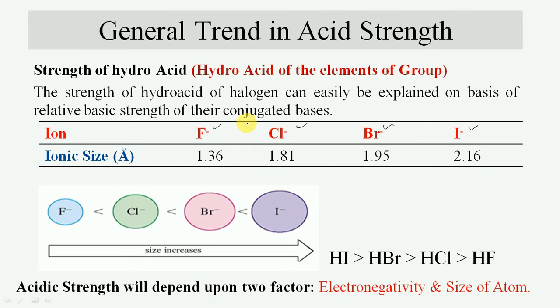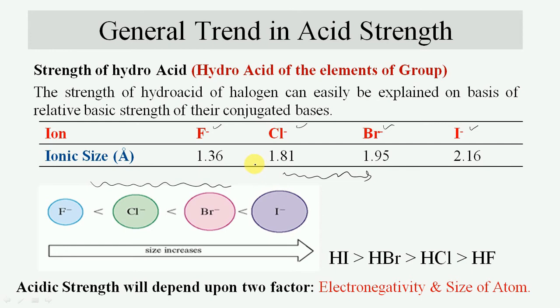As we move from fluoride to iodide, the size of these ions increases. Therefore, the electron density decreases from fluoride to iodide.